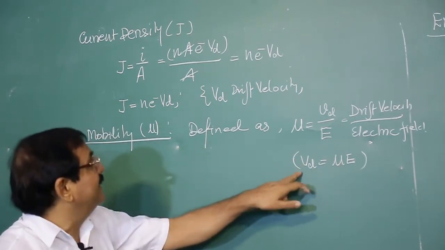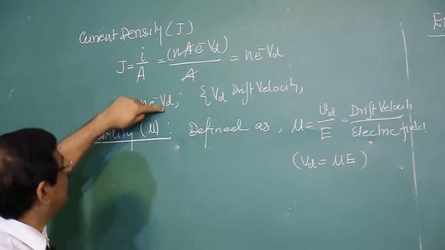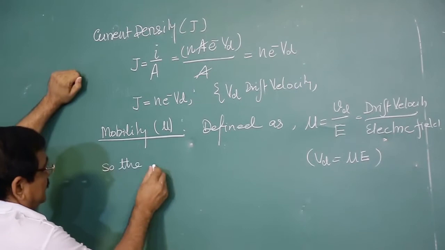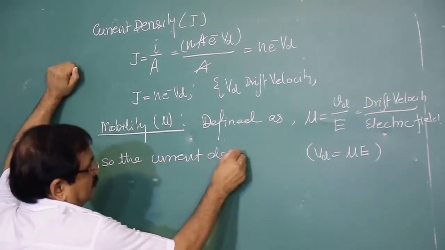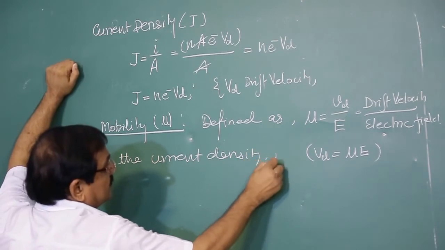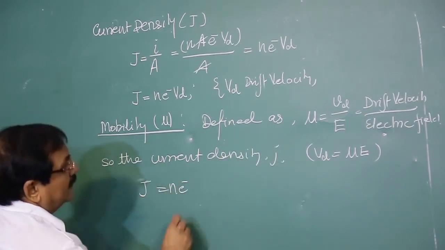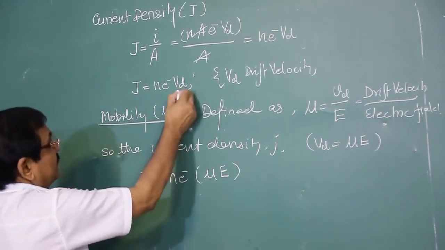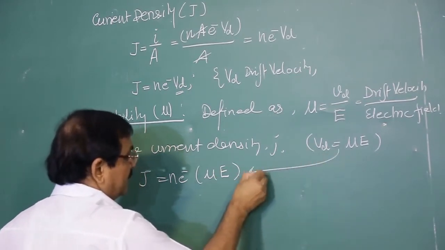So this V D drift velocity expression can be substituted. So the current density J is equal to n e and this mu E, in place of V D we substitute this value.